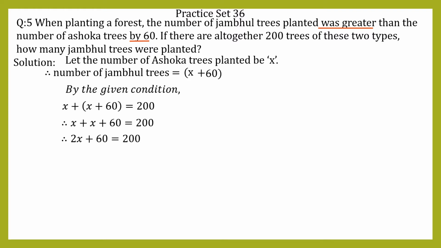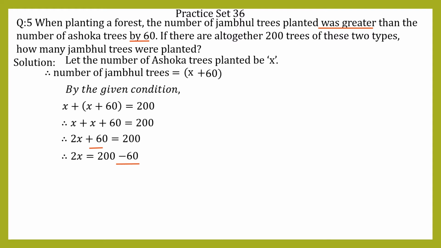Now we will take numbers on the right hand side and the variable part, that is the algebraic part 2x, will remain on the left. So this plus 60 will be shifted to the right. So 2x will be on the left hand side and 200 on the right hand side. Now dear children, plus 60 when it comes on the right, what will it become?